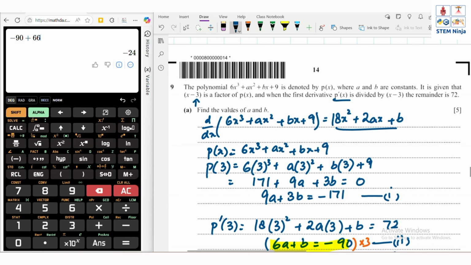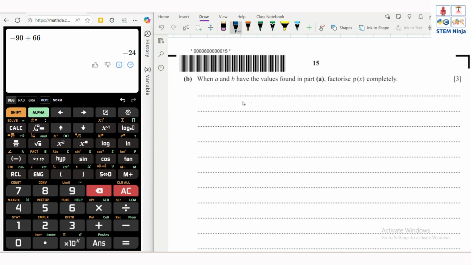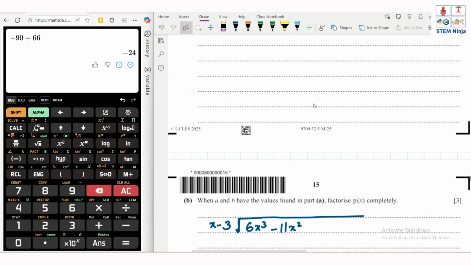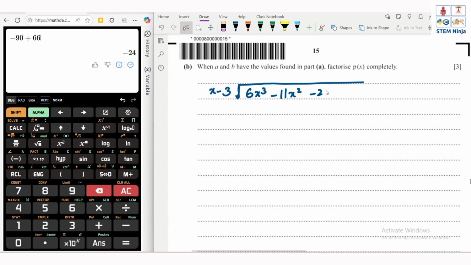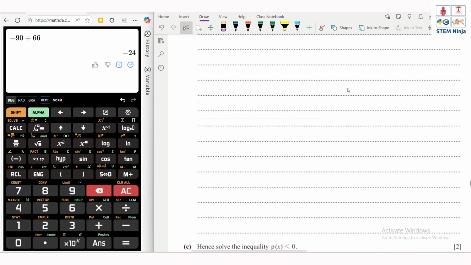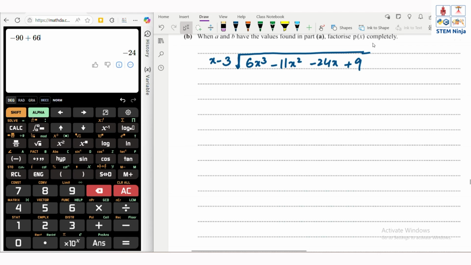So x minus 3 divides 6x cubed minus 11x squared minus 24x plus 9. Right, okay, so we do the long division over here.